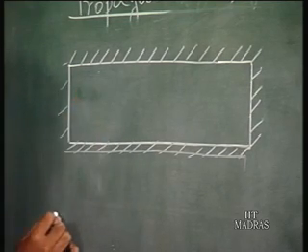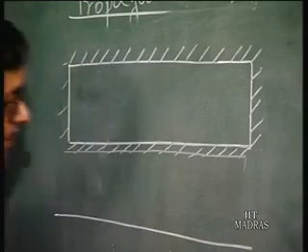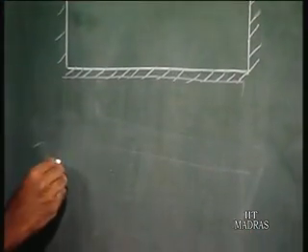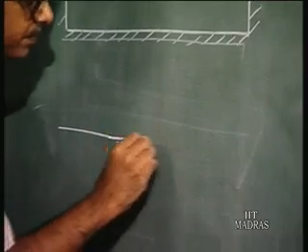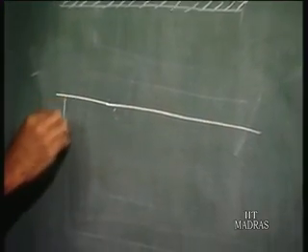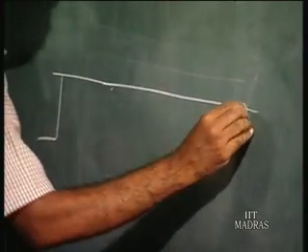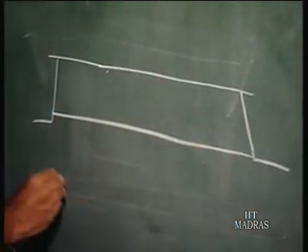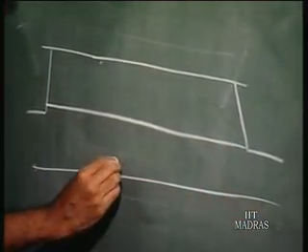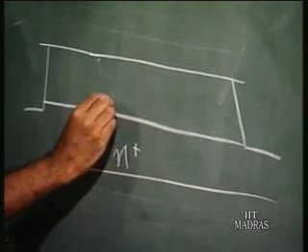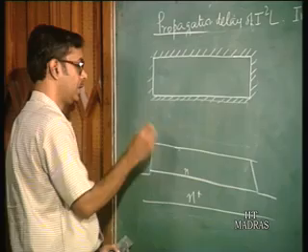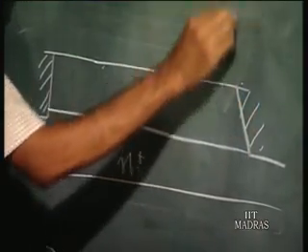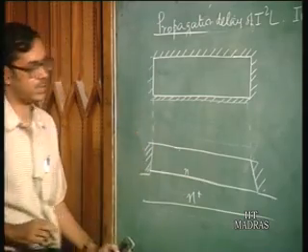So if you look at the cross section, again the starting wafer is n on n plus n, and this is silicon dioxide surrounding the active region.